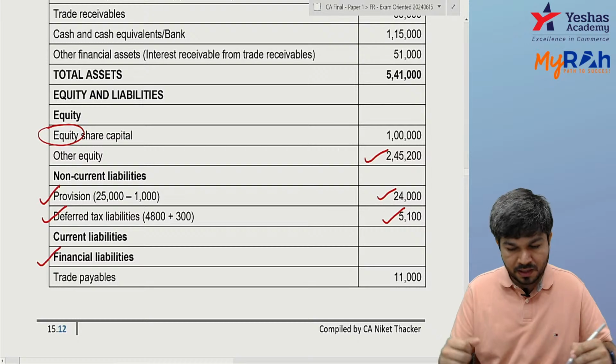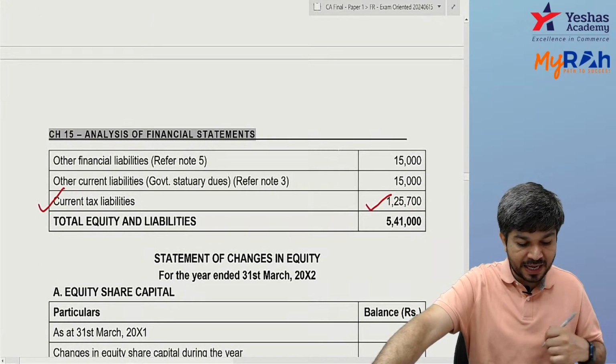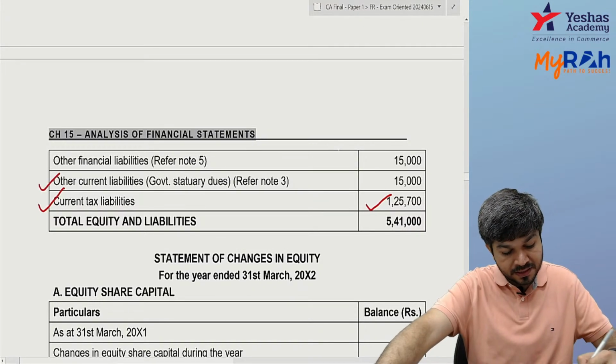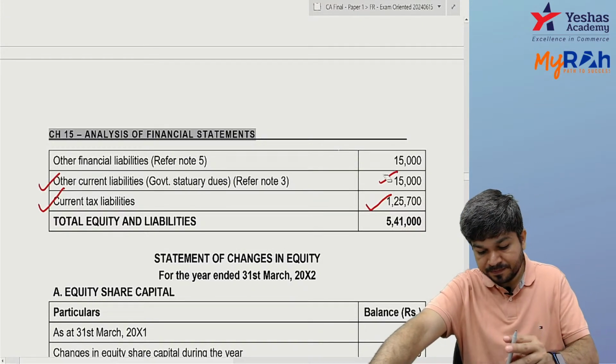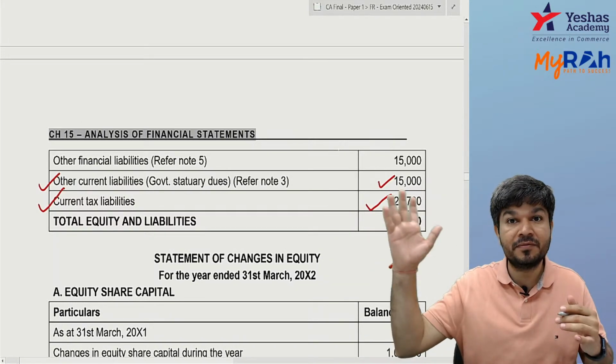Your trade payable will be a part of financial liability. This is other current liability, payable to government. And under your financial liability, other financial liability of 15.